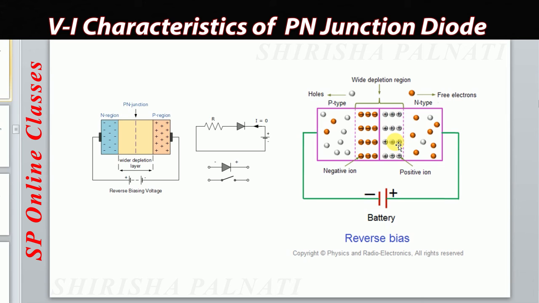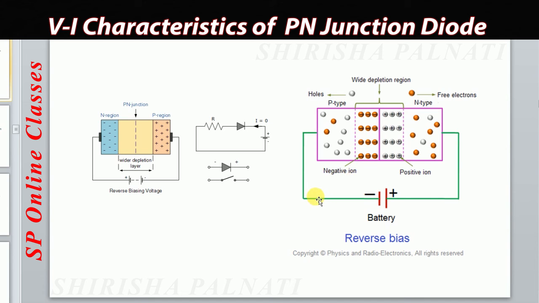Using these minority charge carriers, a little bit of current flows through this diode. As we increase the reverse bias voltage, that is called the reverse saturation current.